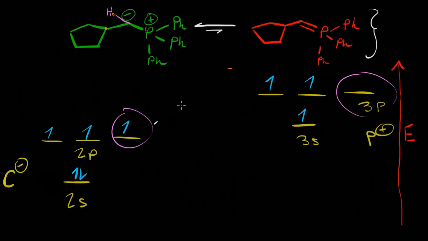So if this did happen, and I'm going to do it in red actually, you'd see from going from 2p to the 3 shell, to the 3p, that you're going to have to rise in energy.